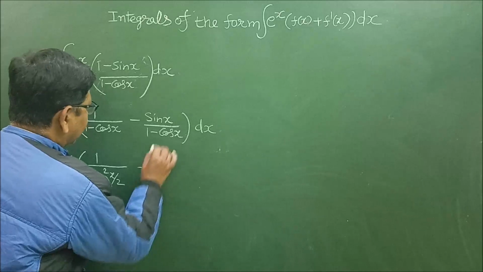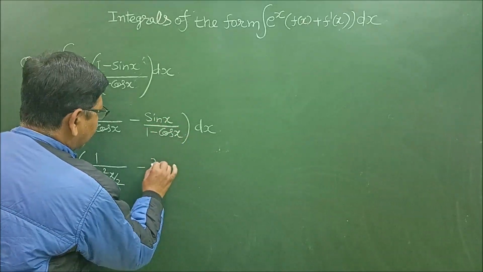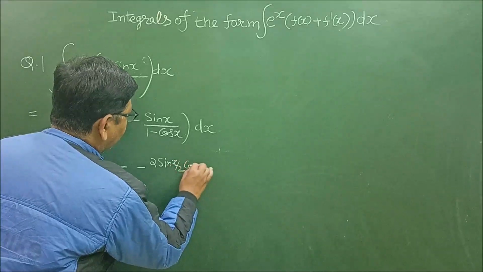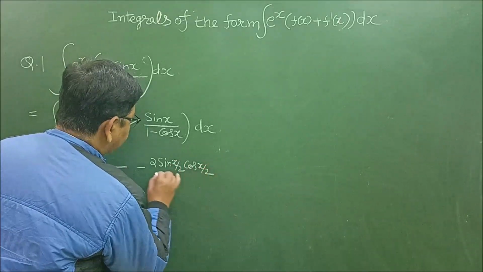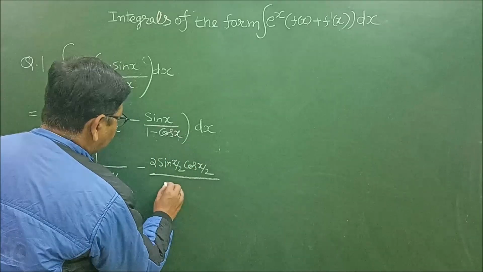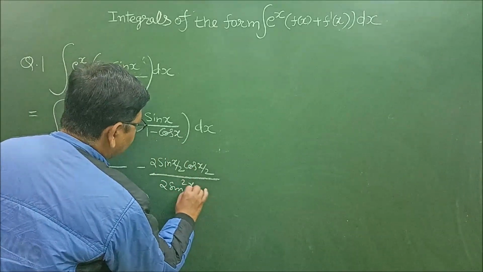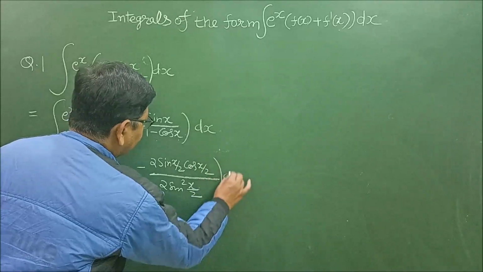Now minus this sin x can be written as 2 sin x by 2 cos x by 2 upon 1 minus cos x, again which we write as 2 sin square x by 2, dx.